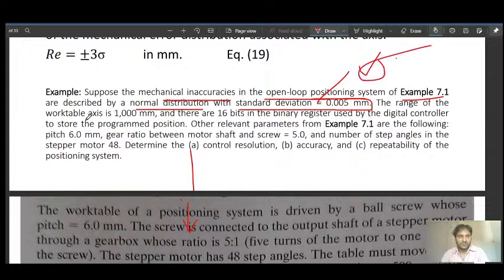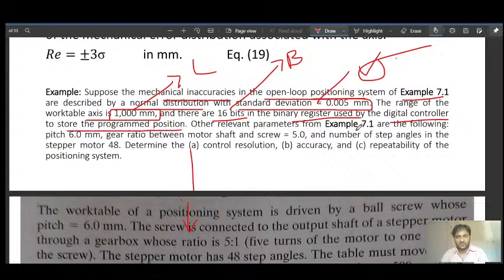The range of the work table axis, that is your length, is 1000 mm, and there are 16 bits in the binary register B used by the digital controller to store the programmed position. Other relevant parameters are the following: the pitch is 6.0 mm, gear ratio 5, and the number of step angles of the stepper motor is 48.